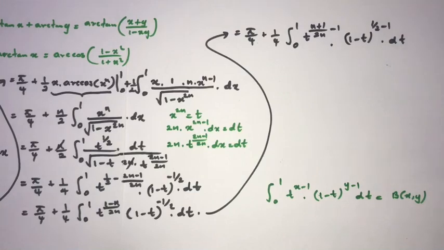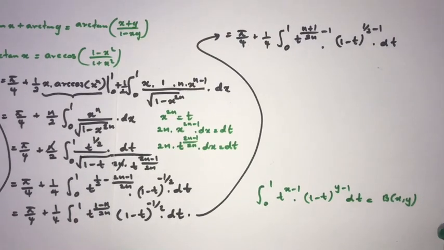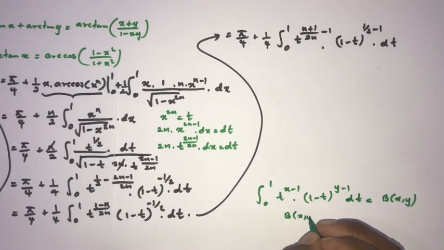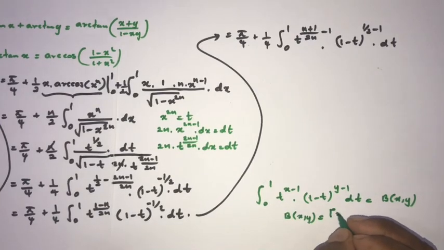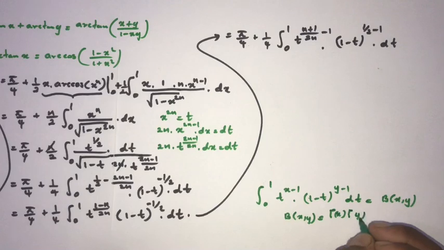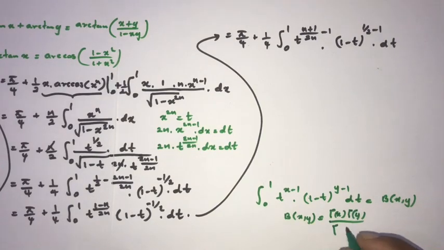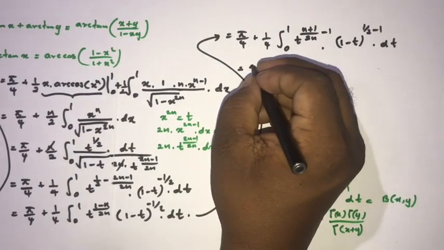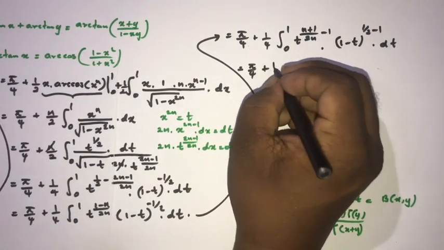Also we know the relation between the beta function and the gamma function: beta of x, y is equal to gamma of x gamma of y over gamma of x plus y. So we can write here pi over 4 plus 1 over 4.